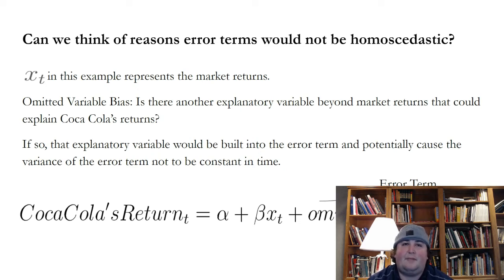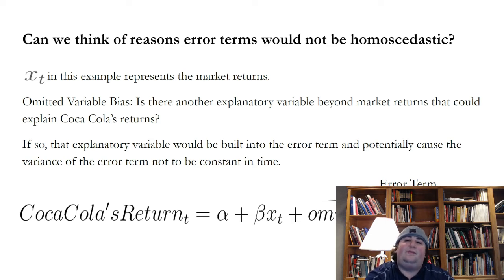And so the variance of the omitted variable and epsilon t altogether will not be constant, but it will vary. That will cause the error term to be heteroscedastic, which means sort of different. Not homo, which is the same.